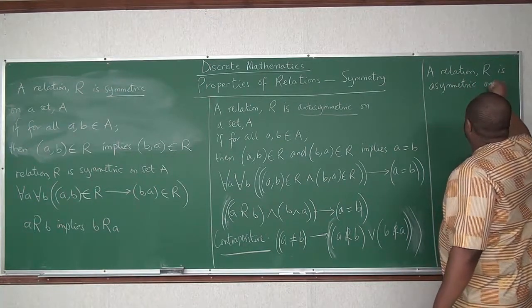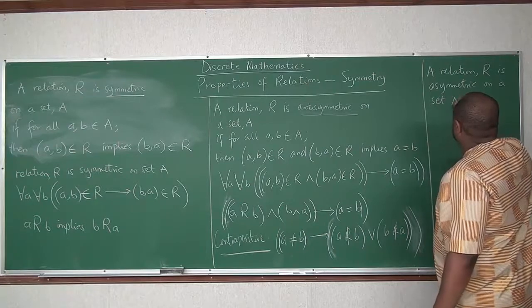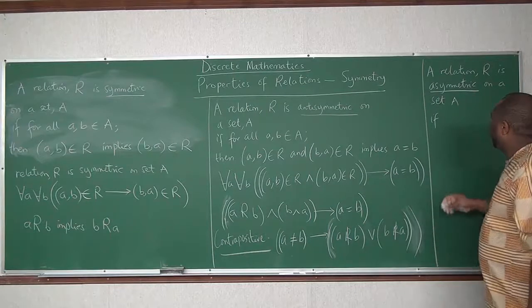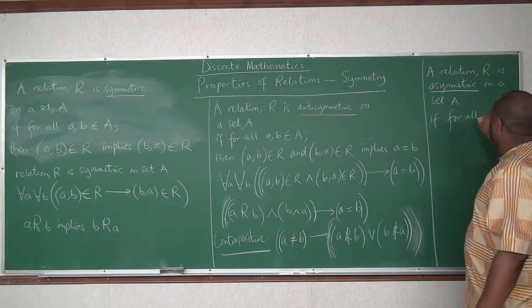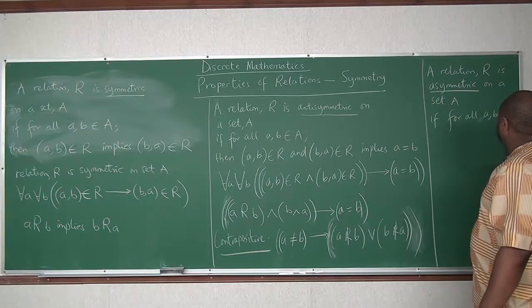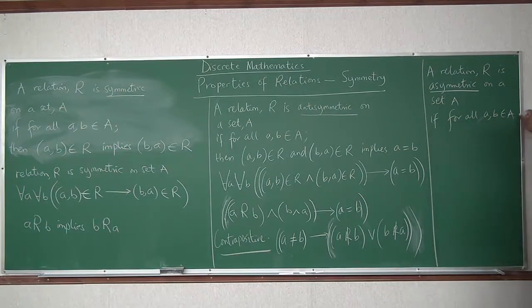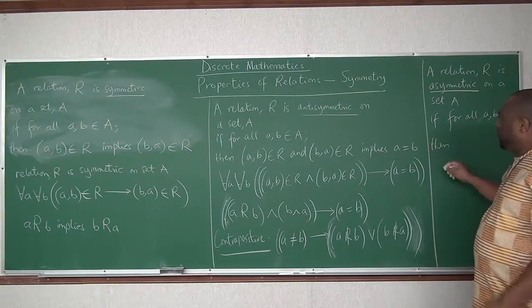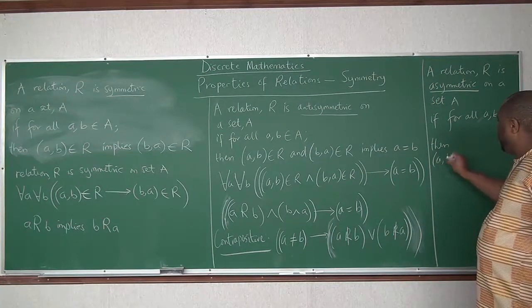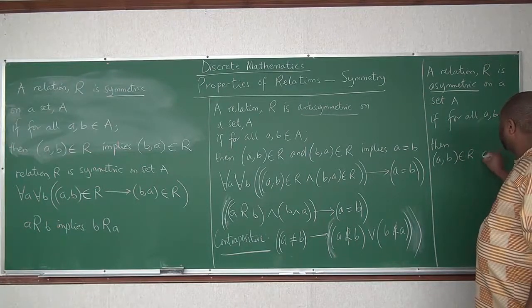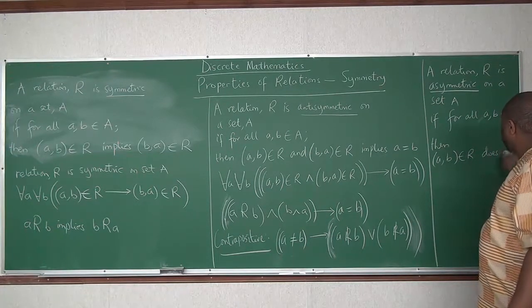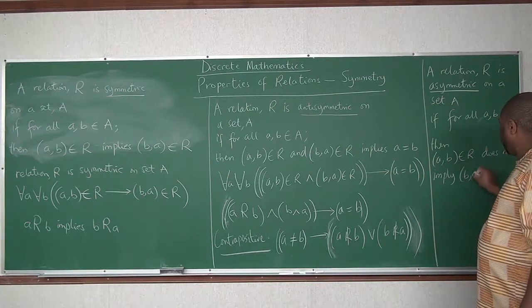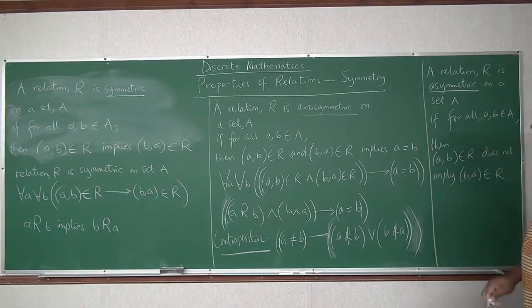on a set A if for all a, b that are elements of the set A, (a, b) is an element of R does not imply (b, a) is an element of R. It does not imply that.